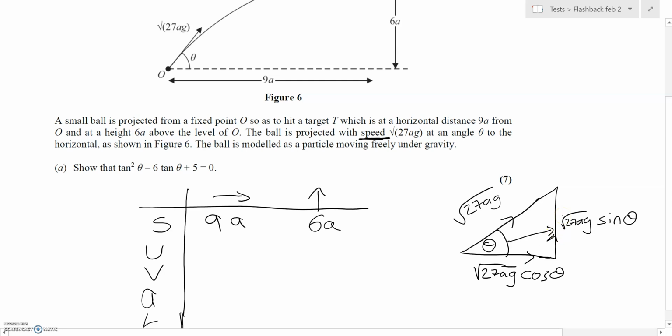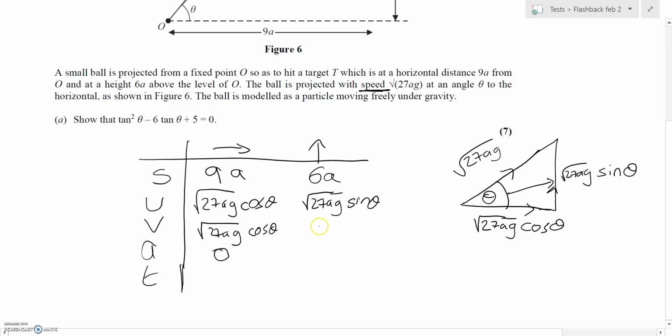So the initial velocity in the horizontal direction is the square root of 27 ag cos theta, and the vertical direction is square root of 27 ag sine theta. Horizontal final velocity is the same as the initial velocity, because the horizontal acceleration is 0.